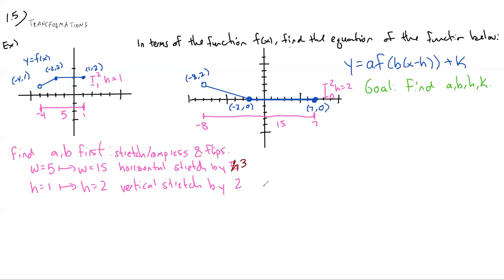So that vertical stretch by 2 tells us that the magnitude of a is 2. We don't know anything about the sign yet, so that's why I've used the absolute value there, because it could be plus or minus 2. And so what we might want to do now is also look at whether or not this thing has been flipped vertically.